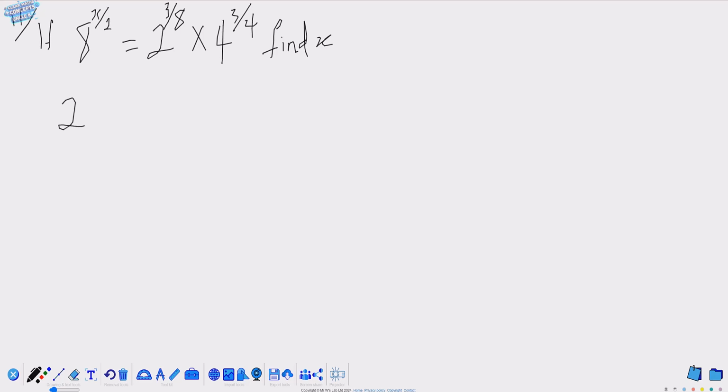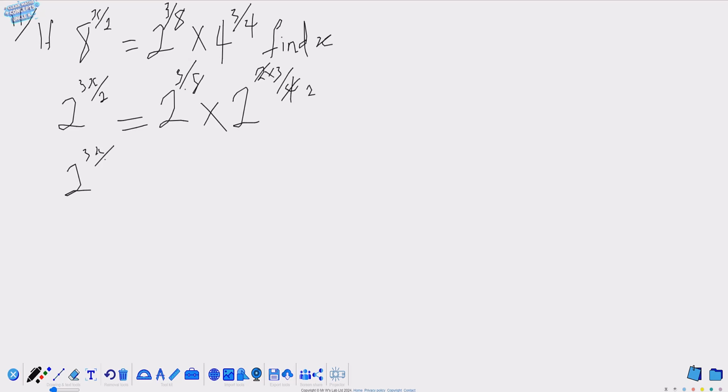2 raised to power 3x over 2, then 2 raised to power 3 over 8 times 2 raised to power 2 times 3 over 4. So you have 2 raised to power 3x over 2 equals 2 raised to power 3 over 8 times 2 raised to power 3 over 2.